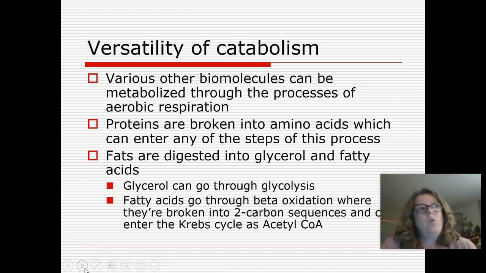But also, these are the backbone processes that end up evolving new means of breaking down and also creating new molecules. So there's not a separate way. I know we started with glucose here, but pretty much cellular respiration is the way that most of your chemicals get broken down, that your energy molecules get broken down, and energy generated from them.